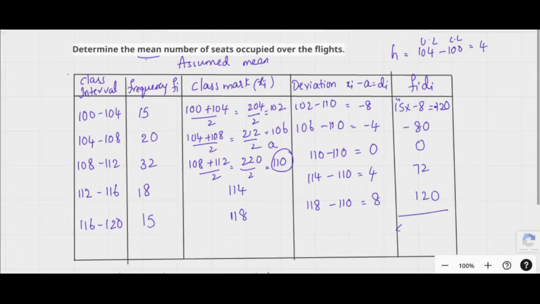Now you have to do sigma fidi. You have to add all these terms. So sigma fidi, when we add, we get minus 8. Let us do even the sum of all the frequencies. Then you get 100. We have a total number of observations of 100.